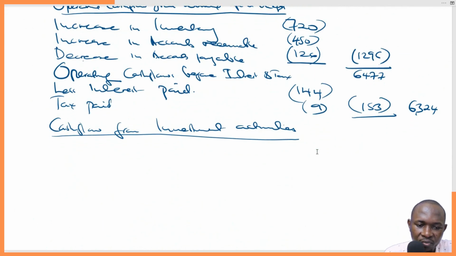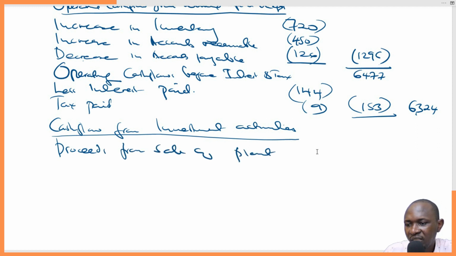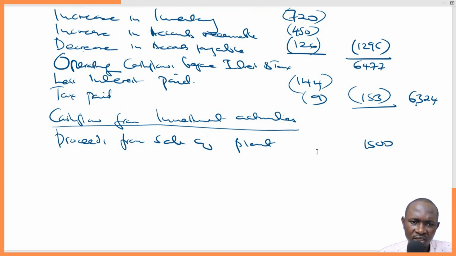Proceeds from sale of plant, how much? 1500. You can have this here, proceeds from sale of plant 1500, and that means money is coming in. And then now let's work out this depreciation and see how it goes.